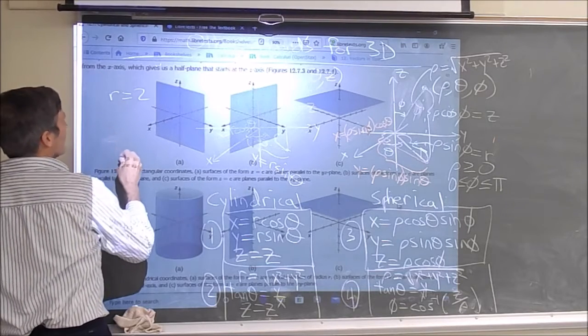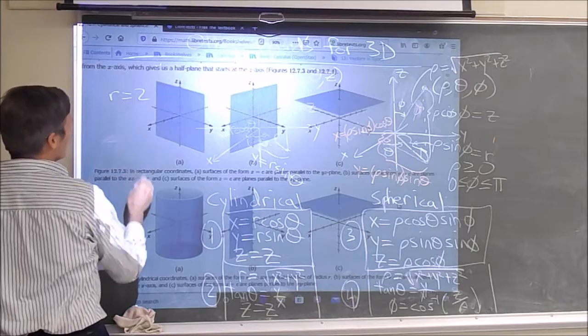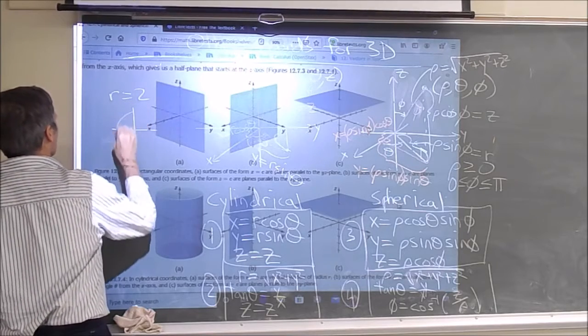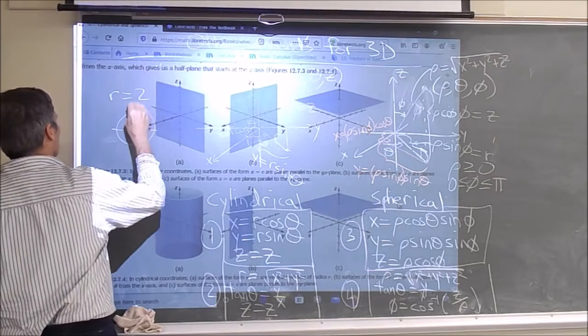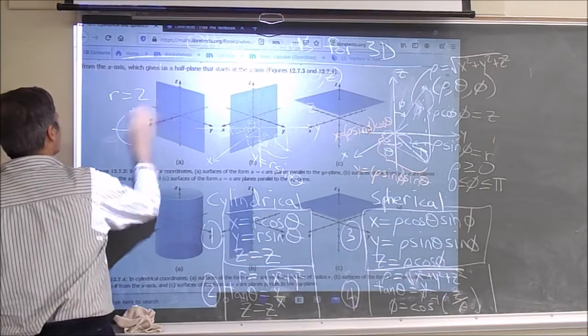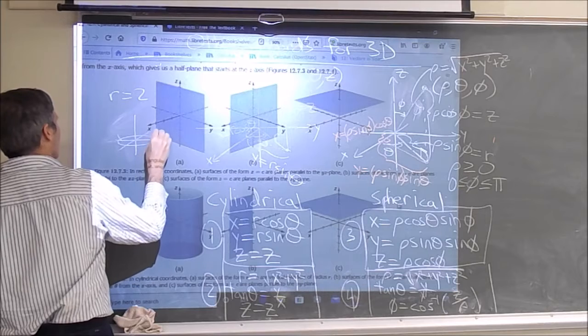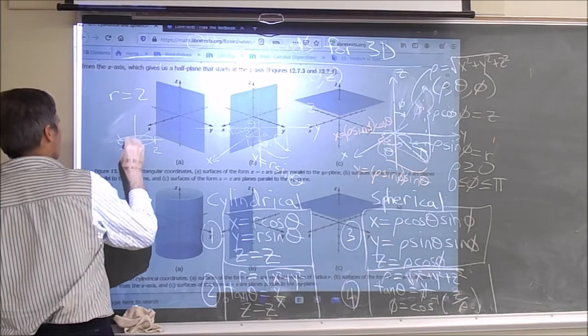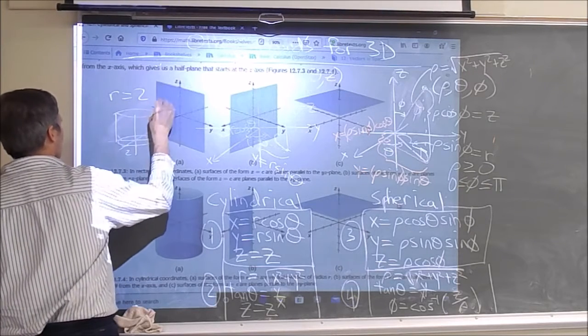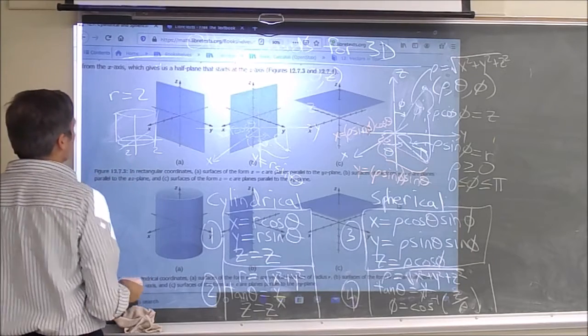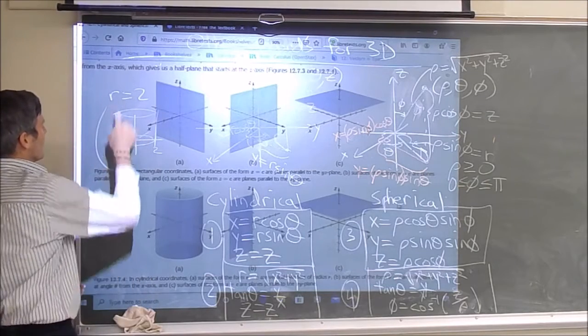Well, from polar coordinates, it's all points at a distance 2 from the origin. And then z is arbitrary, so it looks like this. You can convert it to rectangular coordinates and also see it. It's a right circular cylinder of radius 2.